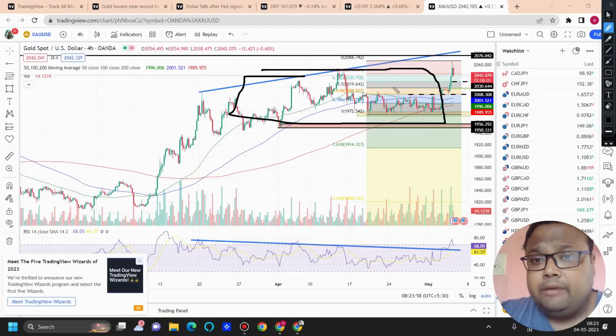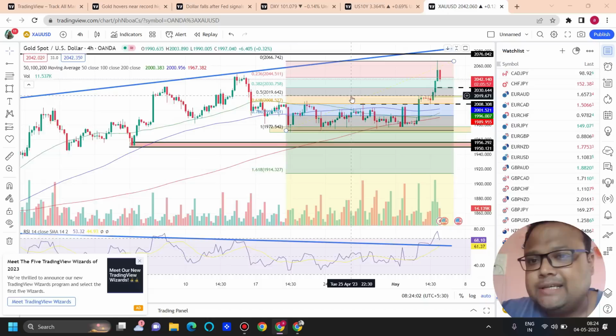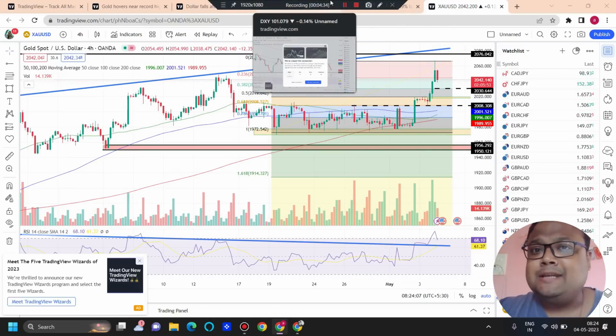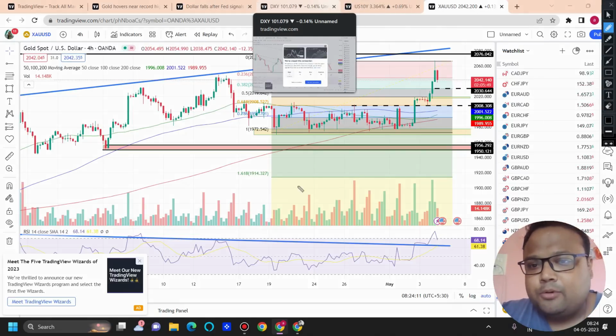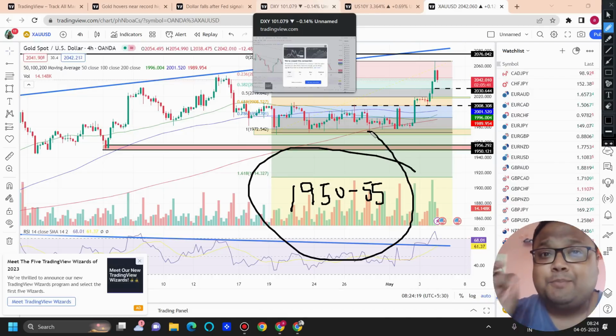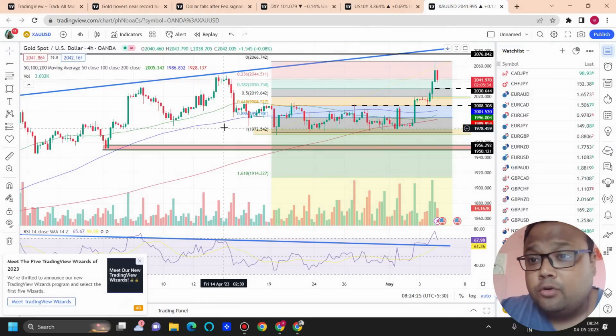No. If we observe closely, the market is sideways here. As I discussed in my previous video around one week ago, the strongest support on the chart of gold is around 1950 to 1955, and surprisingly the support is still the same. 1950 to 1955 is still the strongest support on the chart of gold right now.